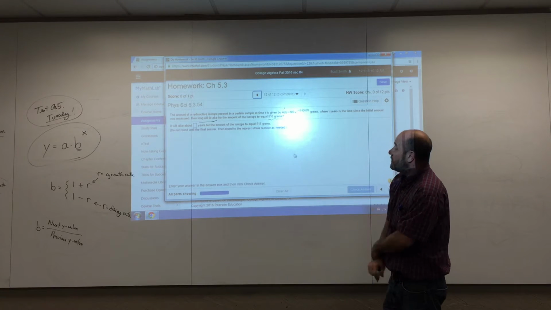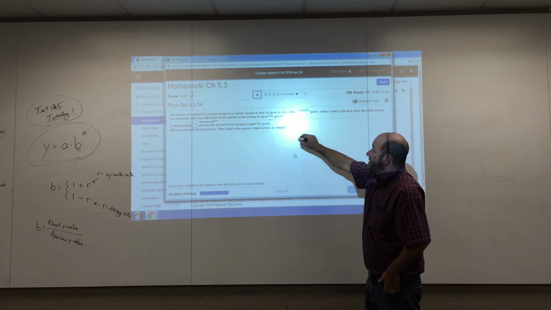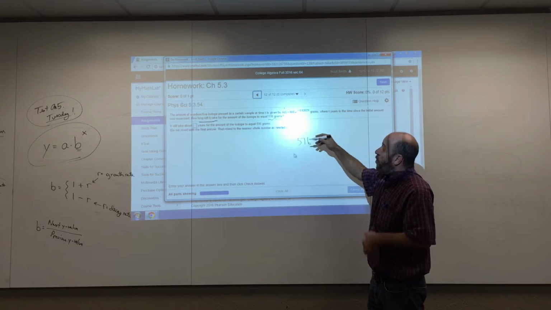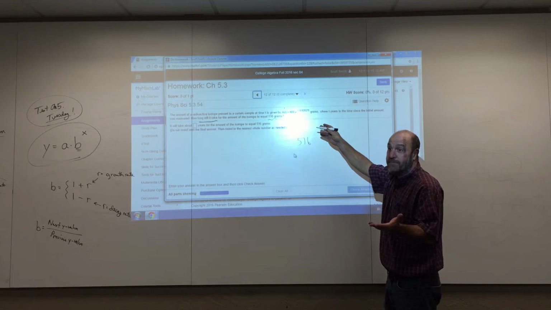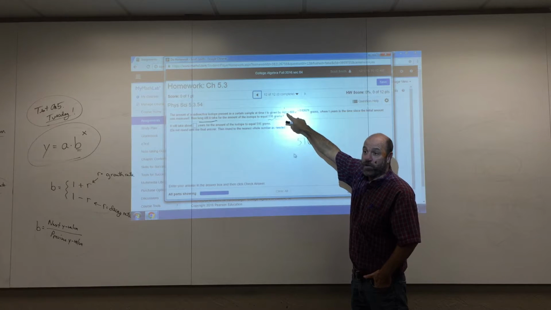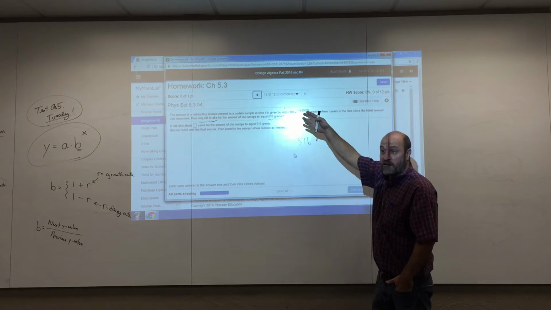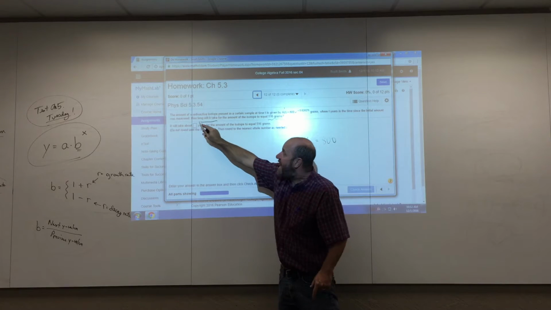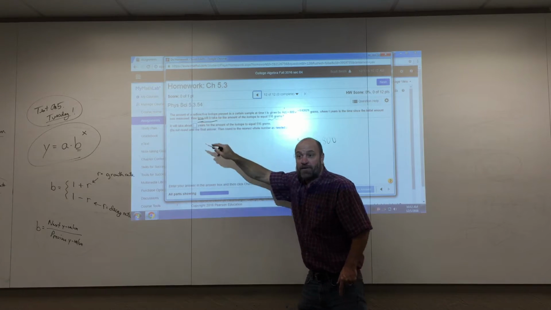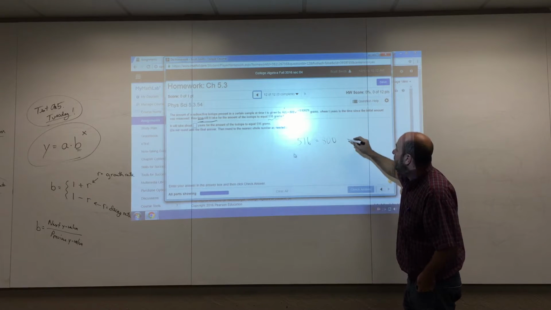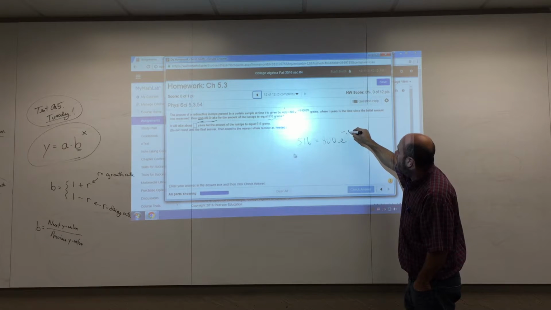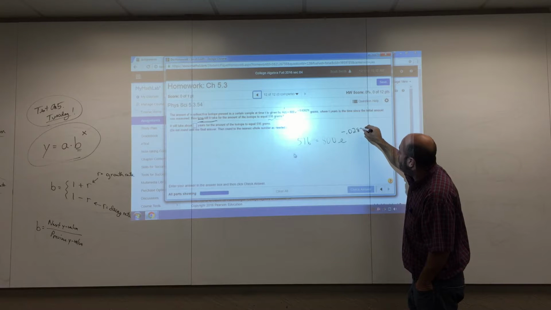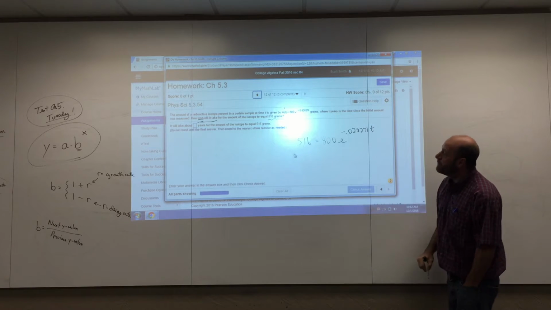So what do you think you do with this problem? Stick in 516 for the y value? I think so. Or the amount, or what I'm calling the y value over there. You stick in 516 for that and try to find out how long. When they say how long, that's time, so they're looking for the time t. e to the negative 0.028271 t.